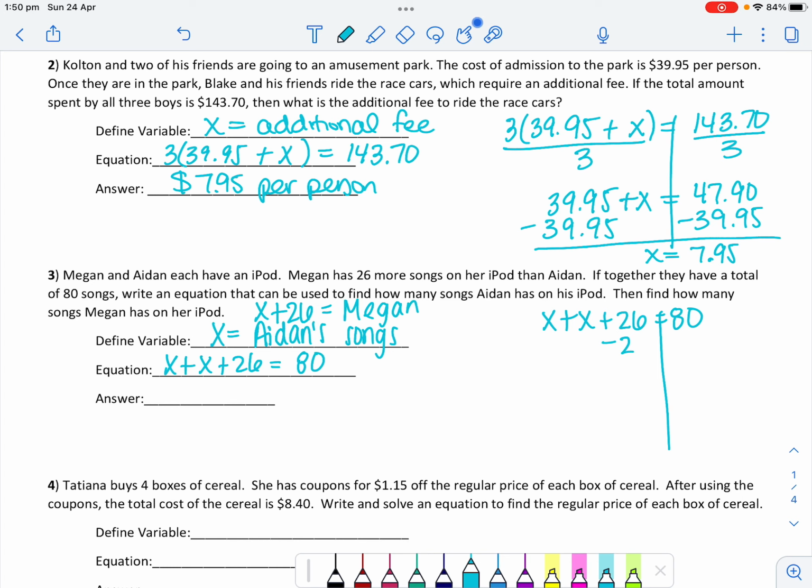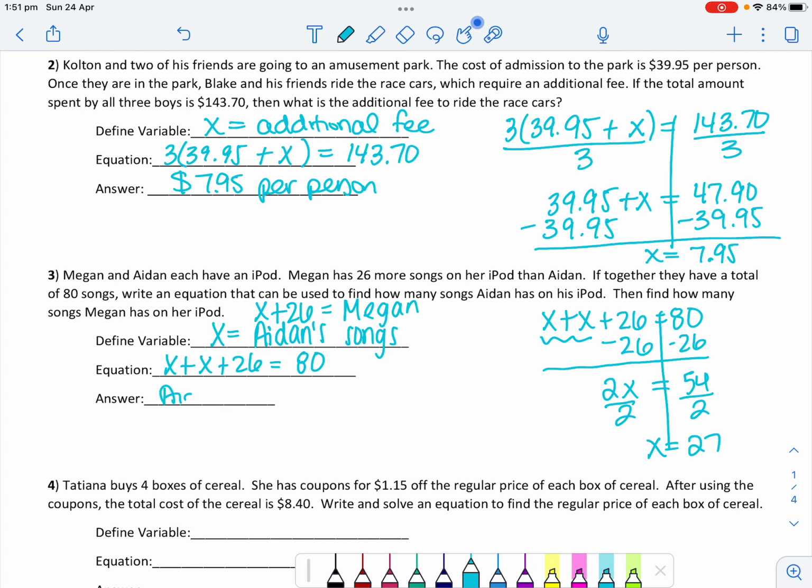I'm going to subtract 26 and combine like terms. So 2x equals 54. I divide by 2 and x equals 27.